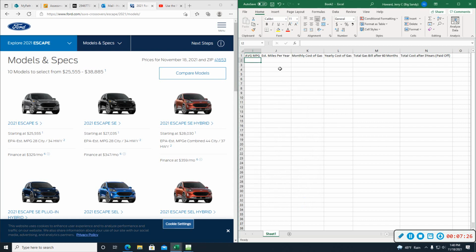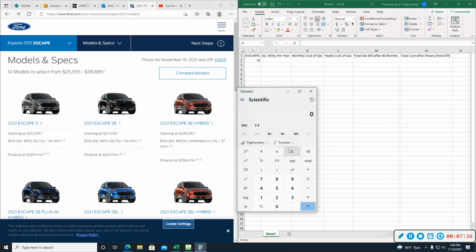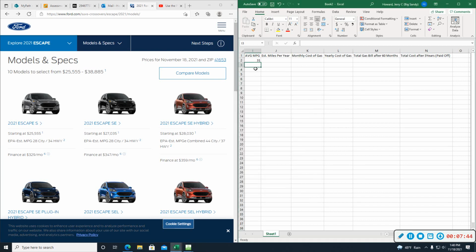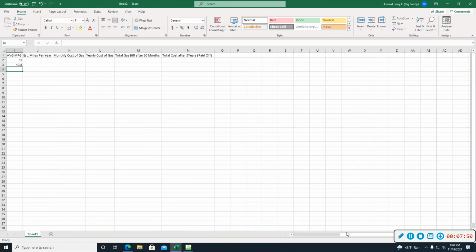So 31 miles per gallon on the gasoline, and of course you would automatically know that the hybrid is going to get a little bit better fuel mileage. So you got 44 plus 37 divided by 2, right in the middle is 40.5. So you're going to get 40.5 miles per gallon in the hybrid. Okay, so that's basically all we need there.